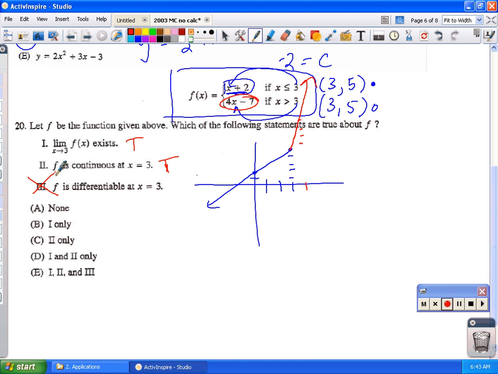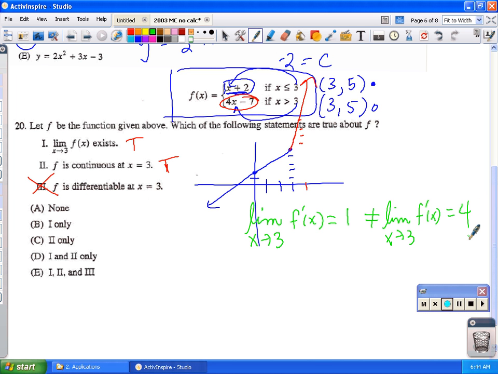The left derivative over here on this side, let's go ahead and revisit that concept. The left derivative, so the limit as x approaches 3 of f prime of x, the left derivative is equal to 1 because the slope of that line is equal to 1, which is not the same as the limit as x approaches 3 of the first derivative of x on the right-hand side, which is 4.